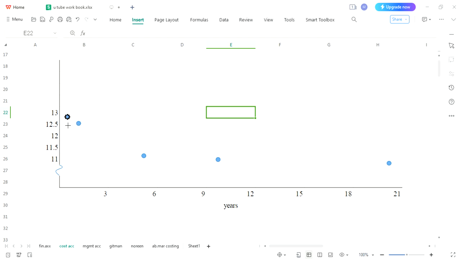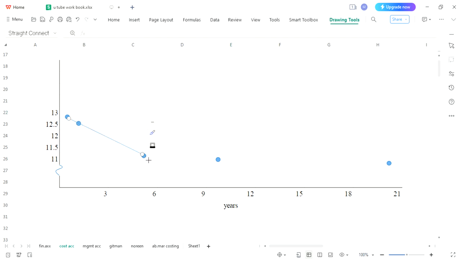Okay, so first line will join in this way, and we may have the second line as well. Yes, we can take it. And the next line would be joined with the third point first and the fourth point.